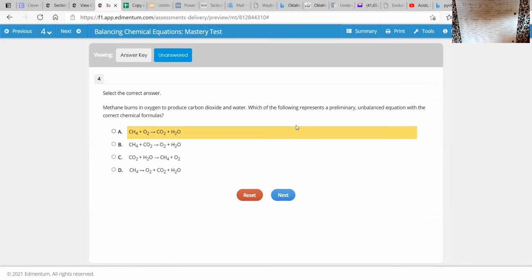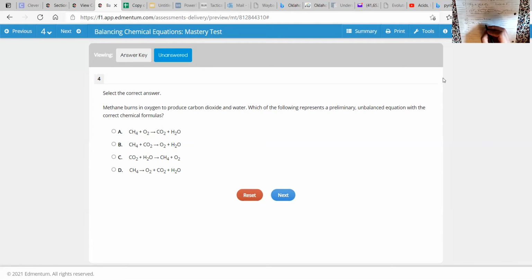Methane burns in oxygen to produce carbon dioxide and water. Which of the following represents a preliminary unbalanced equation with the correct chemical formulas? All this is asking is, can you just get the right representation without worrying about the coefficients? You have methane, which is CH4, burned in oxygen, so you say plus O2 for oxygen gas.